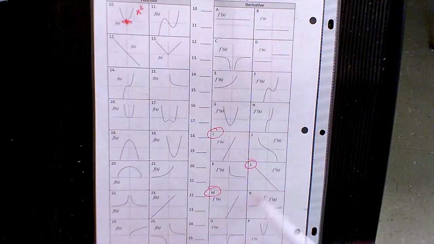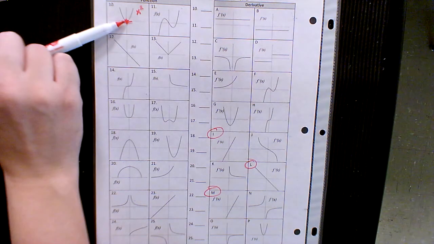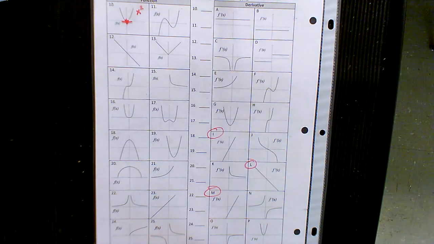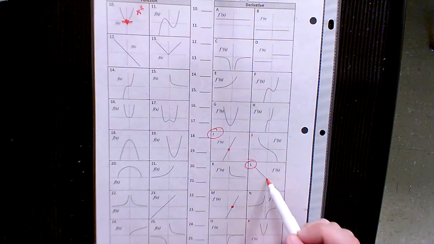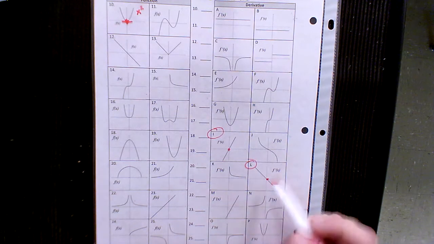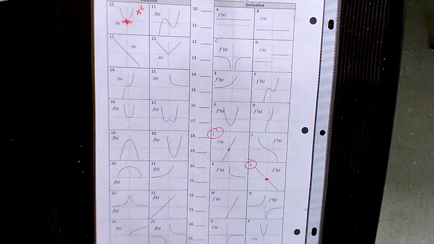So of those options, we need to have a graph that has an x-intercept at 0, because that's where we had a max or a min on the original graph. So it looks like that concept would eliminate M, because notice how the x-intercept is over there on the right-hand side, not at 0 like the other ones. Okay, so out of all of these, we narrowed it down to 2.